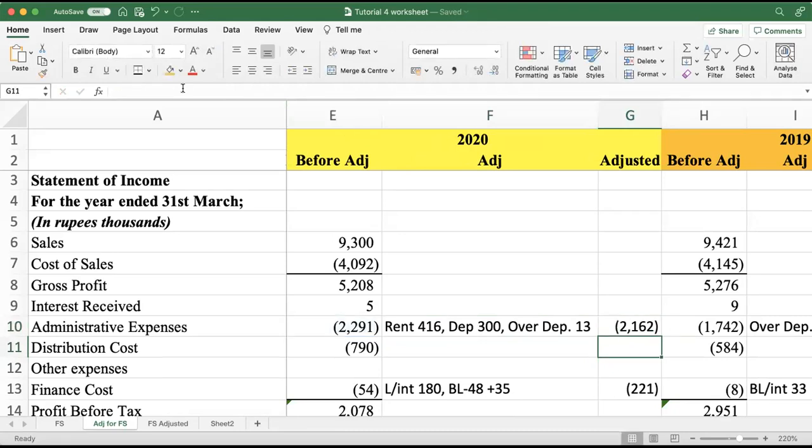You see 2,162. So after the adjustment, all the 3 years, depreciations are on the same basis.